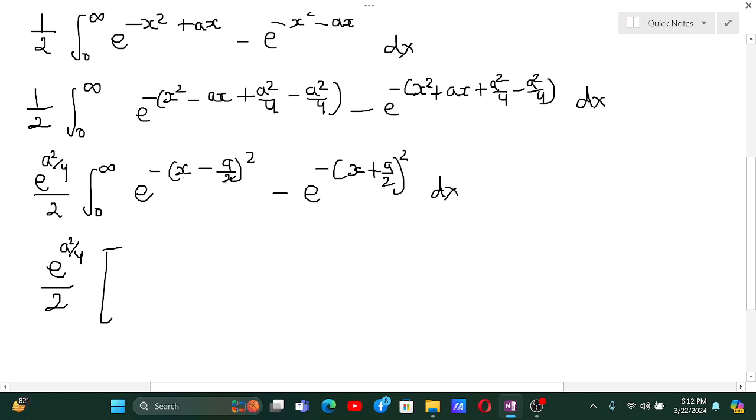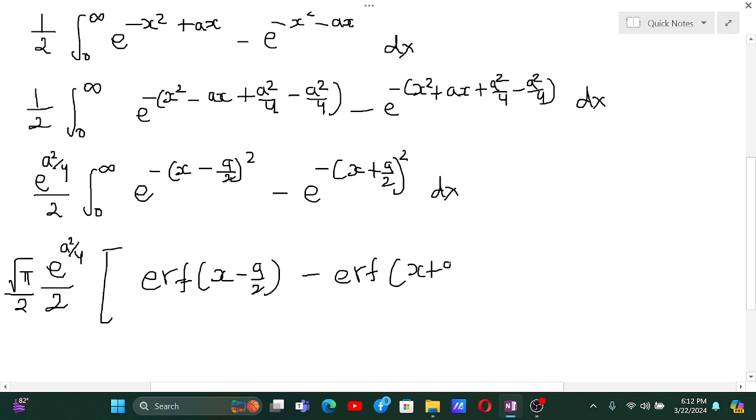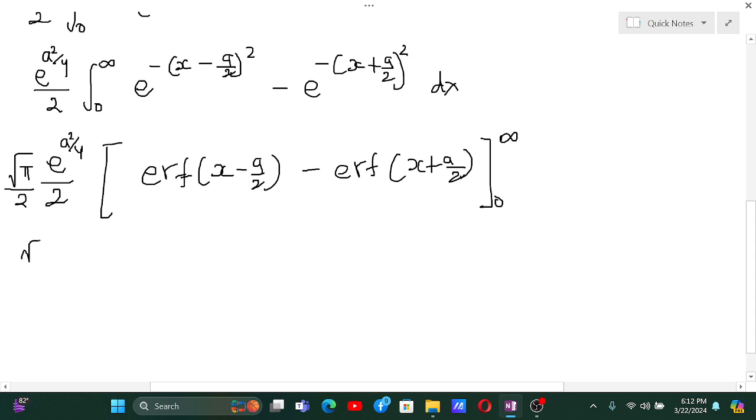Now this indefinite integral is just the erf function along with root pi by 2. Both of them will have the erf times root pi by 2, so that's why I'm writing it outside: erf of x minus a by 2 minus erf of x plus a by 2. And this is from 0 to infinity, and that gives us root pi by 2 e to the power a square by 4.